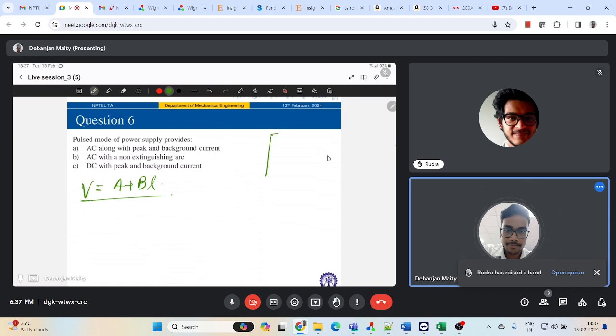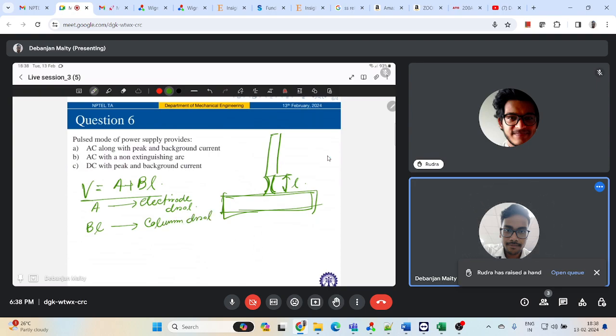If this is your electrode and this is my workpiece and this is my arc length, this will follow a linear relationship, right? So A is called the electrode drop and BL is called the column drop, right?